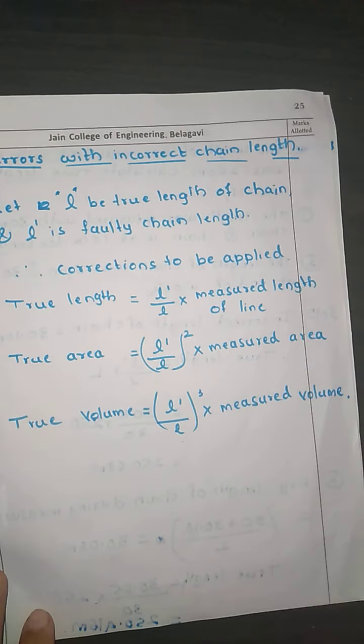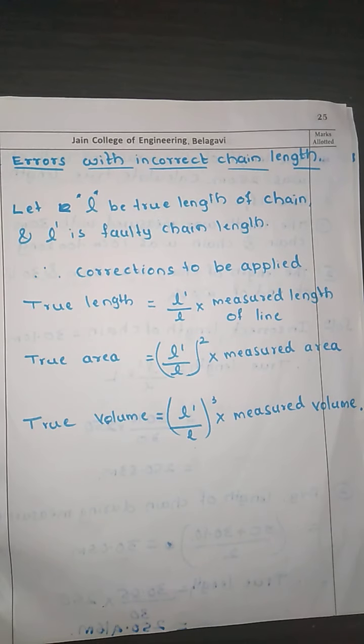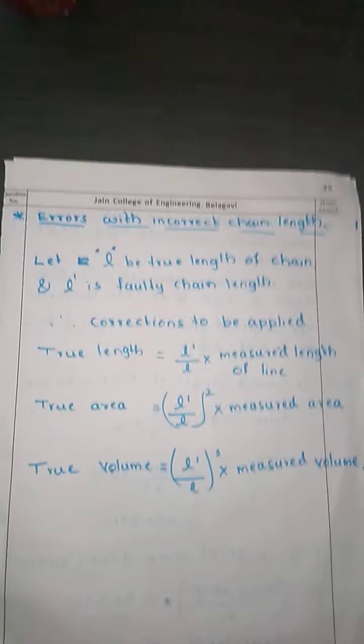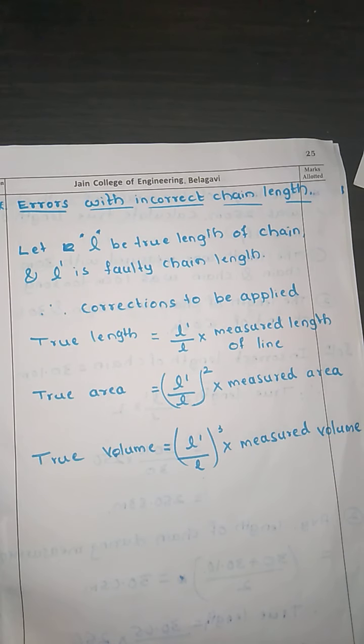Now let's see one more problem related to errors with the incorrect chain length. We'll see first the formulas and then we'll discuss later. Due to the continuous usage of a chain over rough areas, the chain may become too long or too short over a period of time.